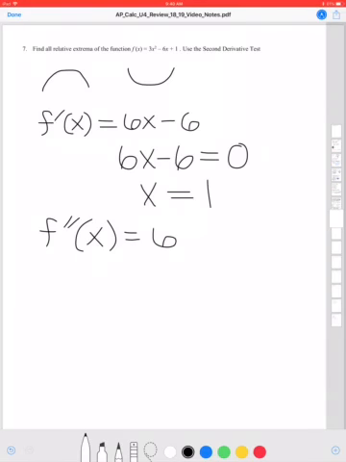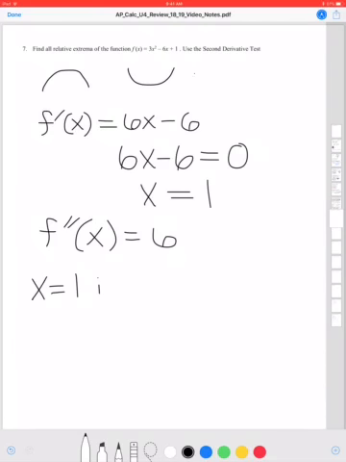Well, this one's sort of interesting because when you find the second derivative, you get 6. So the second derivative is always 6, so the second derivative is always positive. Alright? So therefore, the concavity has to be positive.